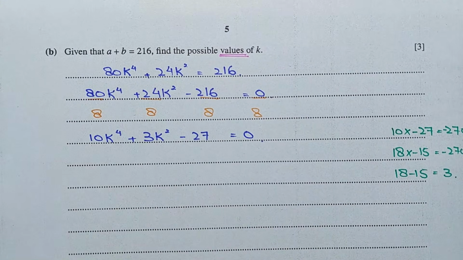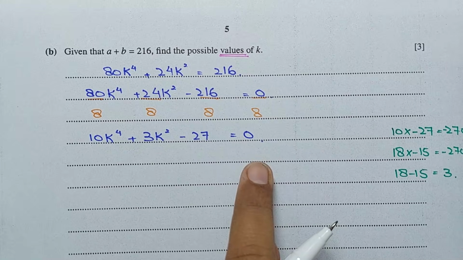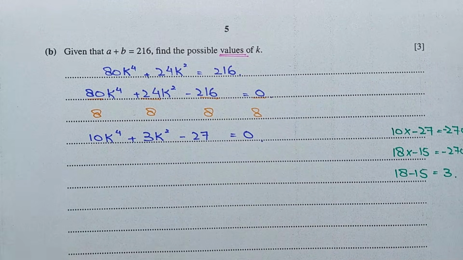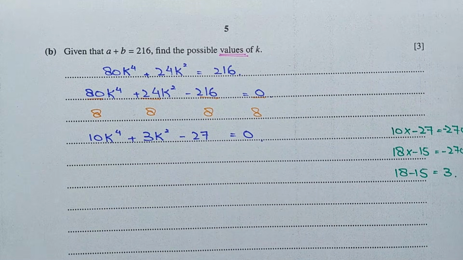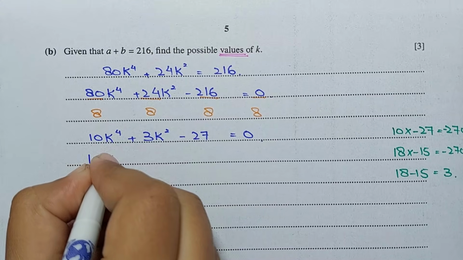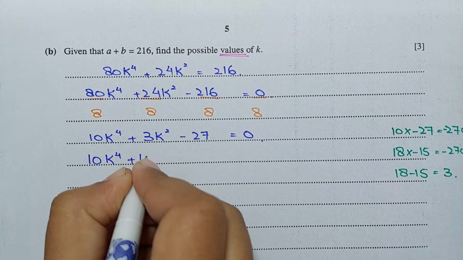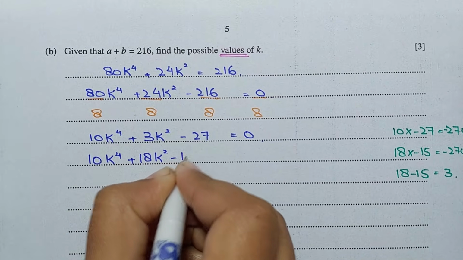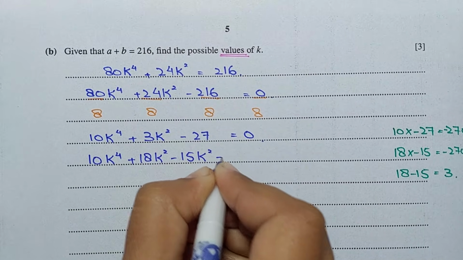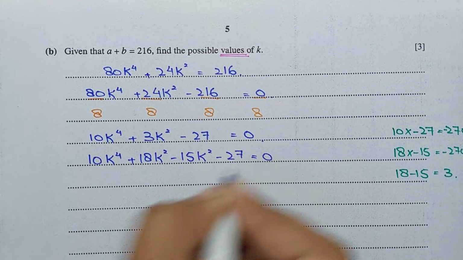You can also solve the values of k by using the quadratic formula. This is up to you. Let me factorize this. So 10k to the power 4, 3 split to 18 minus 15, plus 18k squared minus 15k squared minus 27 equals to 0.